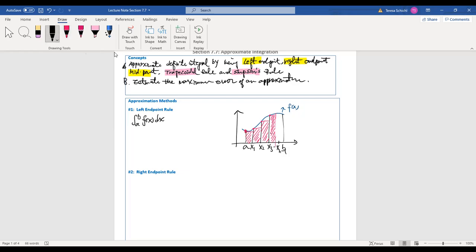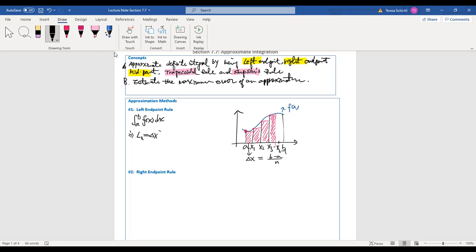So I know this can be approximated by this notation, L sub n, the left endpoint approximation. For each subinterval, the length is delta x, and of course delta x is b minus a divided by n. So the area can be approximated by those pink rectangles, width times height.